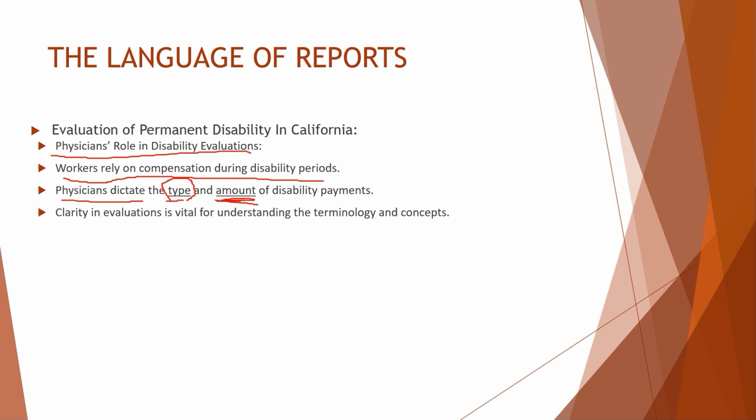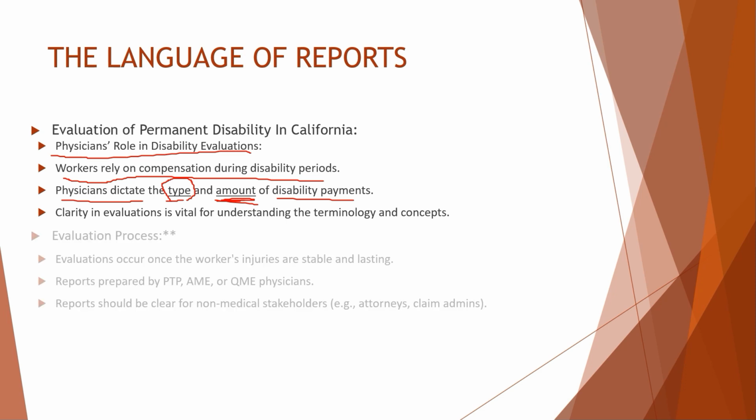Higher levels of permanent disability guarantee greater payouts, whereas lower disability ratings and awards result in lower disability payments. Therefore, clarity and accuracy, with emphasis on the word accuracy, is vital for understanding the terminology and the concepts associated with disability evaluations, all of which have as their intended purpose to provide benefits to persons injured in the course of their work duties that are accurate and appropriate for each situation.